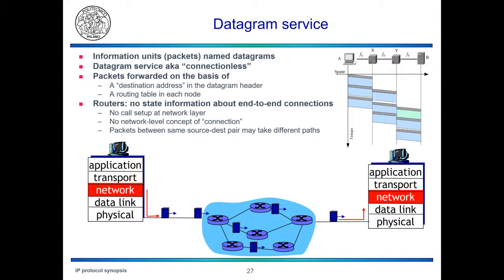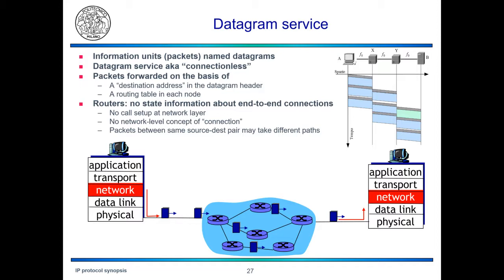The routers, since there is no setup phase, don't keep any state information about the connections. So there is no concept of connection setup and connection teardown. And so the packets may arrive at the intermediate node at any time, and they are always routed according to the destination.